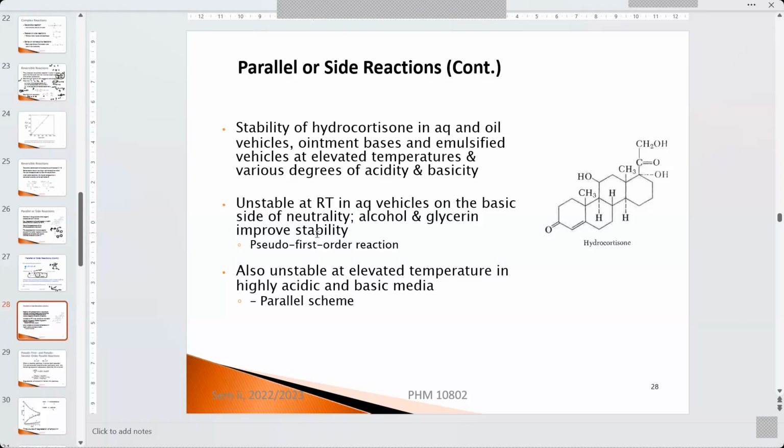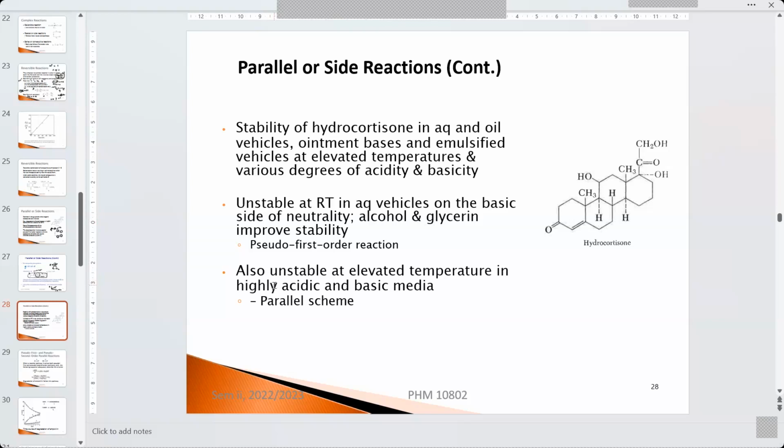Alcohol and glycerine improve stability. We'll explain in the coming slide. When we talk about stability, we'll explain why using co-solvents will improve the stability.